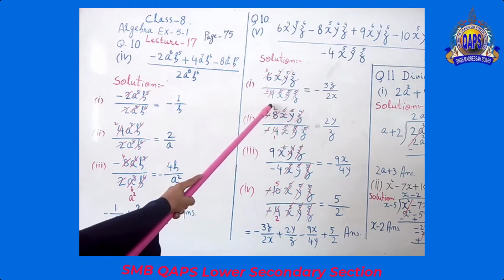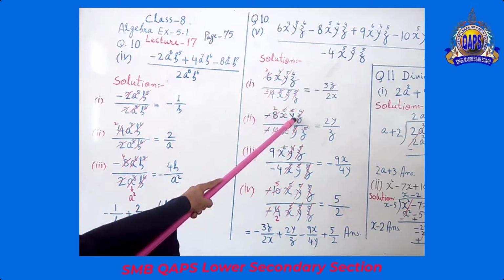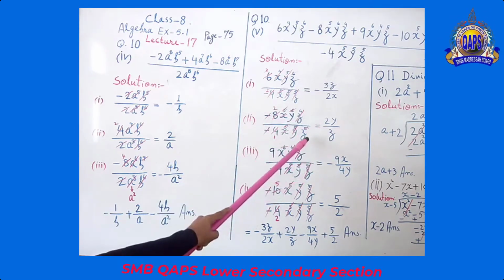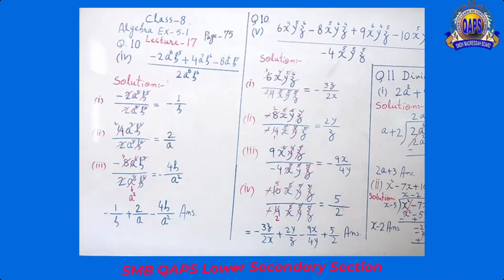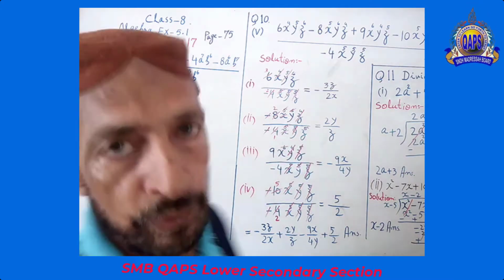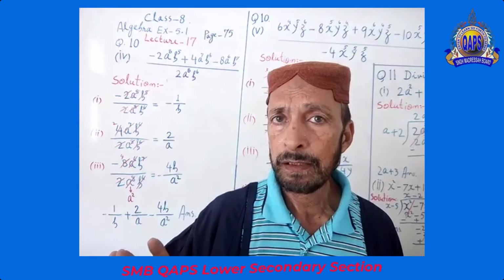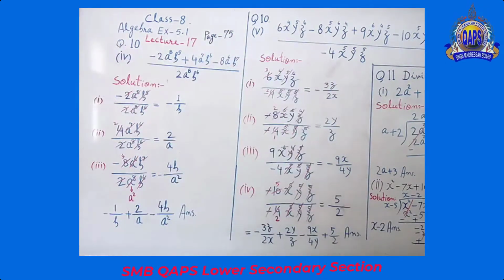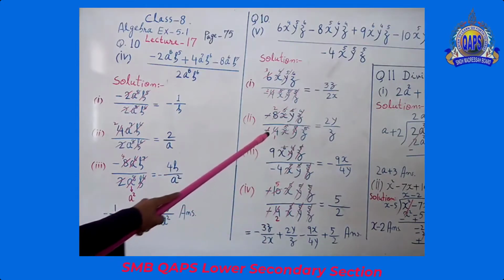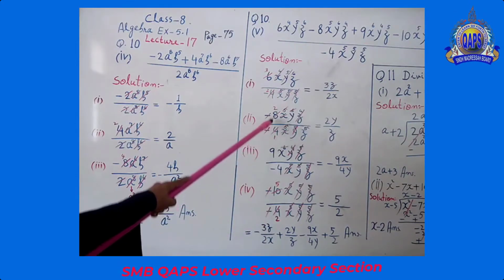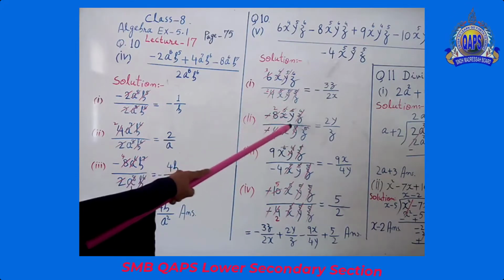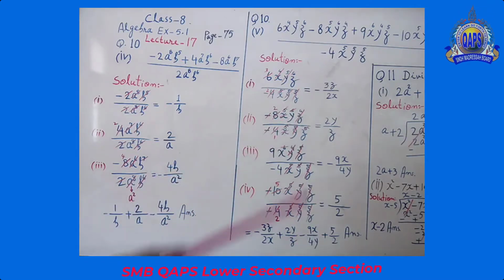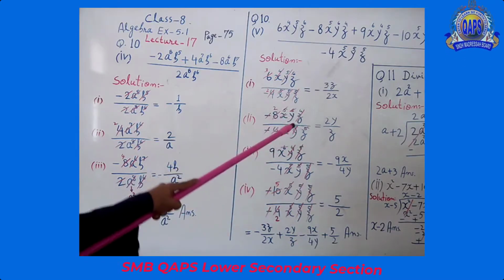You see, 2y upon z. You understand? Pay your attention. You see again, 4 1 the 4, 4 2 the 8. x5 cancelled. y5 cancelled.